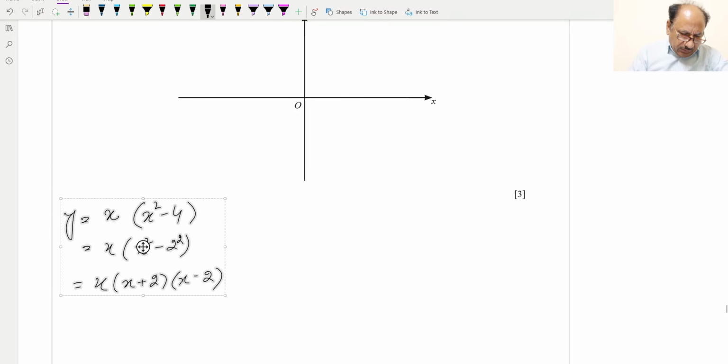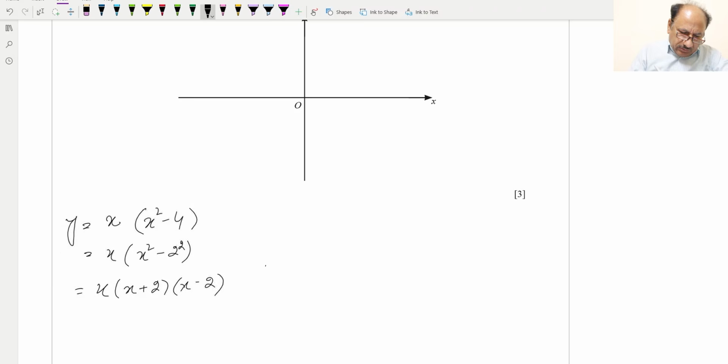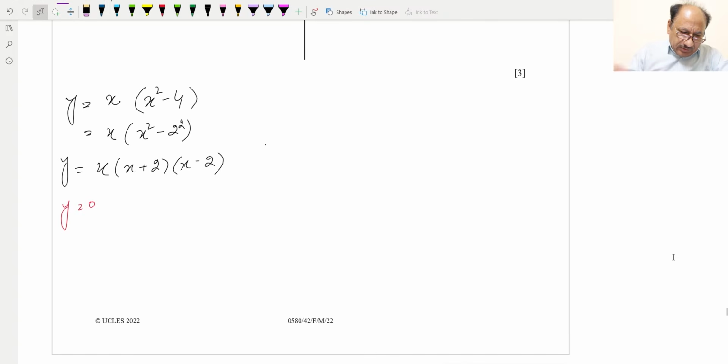Now, this will be y. So y is equal to this one on the x-axis. Now we are checking for the x-axis. On the x-axis y will be equal to 0, so we can rewrite it as x into x plus 2 and into x minus 2 is equal to 0.